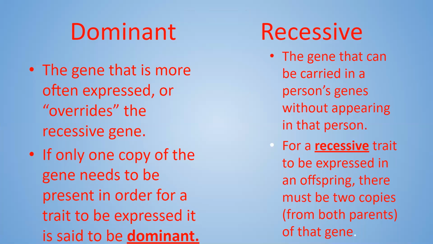So it's stronger. So only one copy of the dominant gene needs to be present in order for it to be dominant. On the other hand, recessive is a gene that can be carried in a person's genes without appearing. But for a recessive trait to appear, there has to be two copies, one from each parent of that gene.